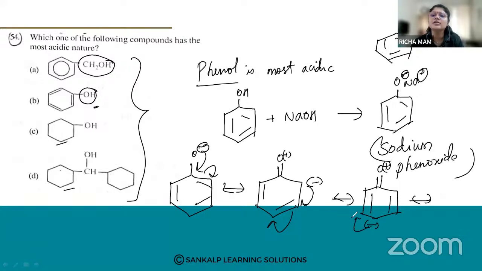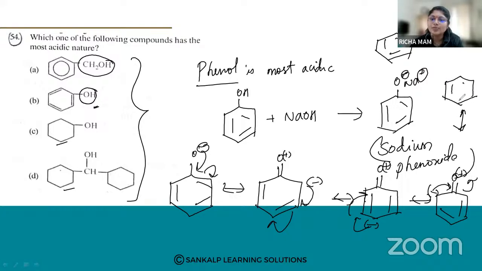Like this the bond movement takes place, and you get the negative charge here. Again this charge is stabilized to give O minus like this. So phenol is the most acidic because of its phenoxide.